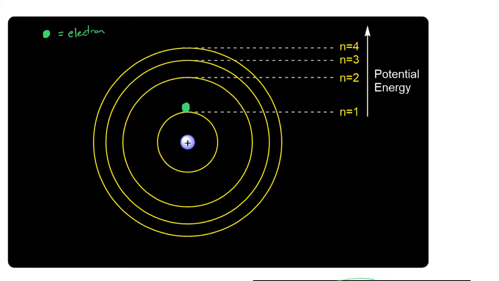To understand what's going on when we get the atomic emission spectra, we have to think about what's happening when we heat up the gas molecules. When we heat up a gas, we're providing energy to that gas. And what that actually does is it excites the electron that's orbiting around the nucleus of the atom. When that electron is excited, it goes to a higher energy level. You can think about this like the electron is playing a higher note on the keyboard because it has a higher frequency.